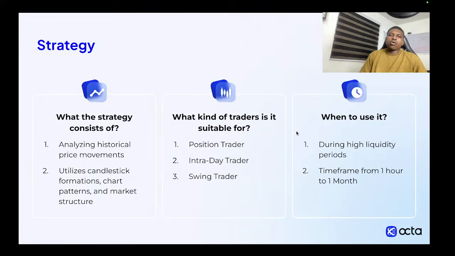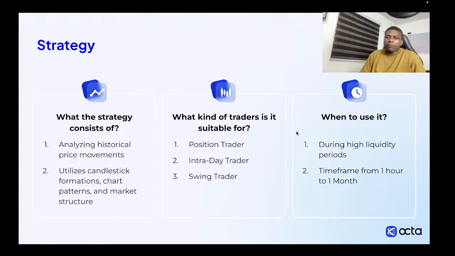Now, this strategy consists of analyzing historical price movement, and it also utilizes candlestick formation, chart patterns, and market structure. What kind of trader is it suitable for?